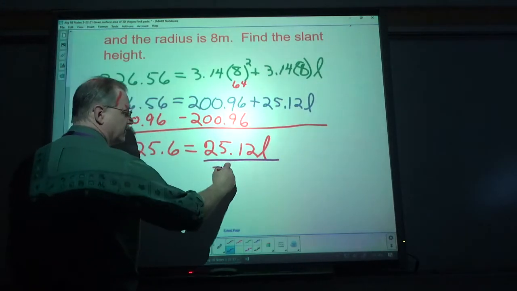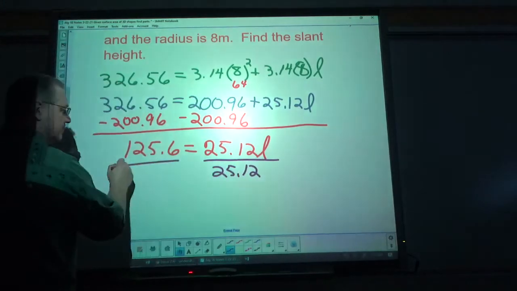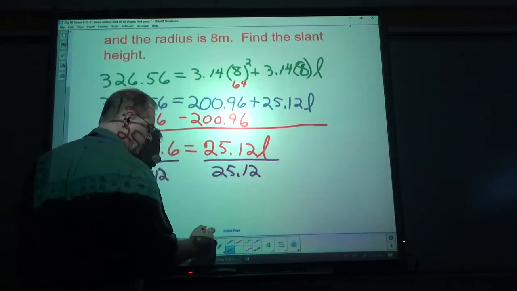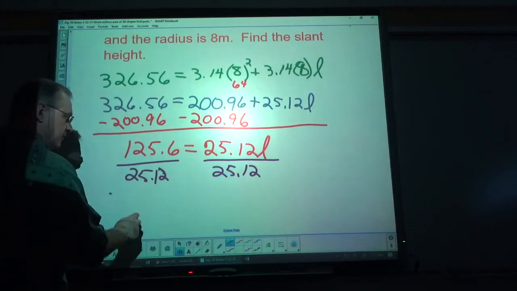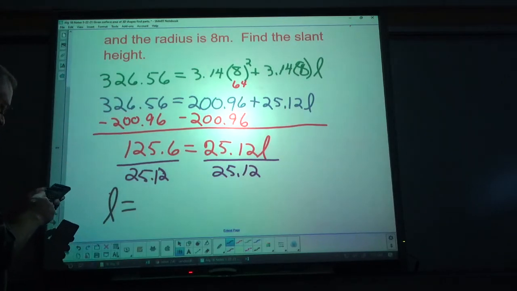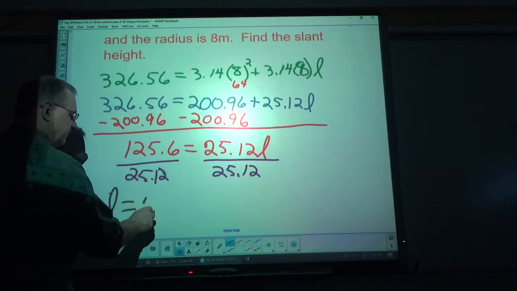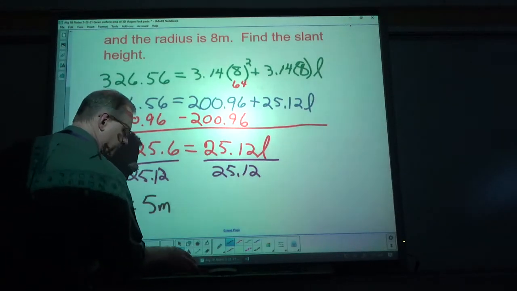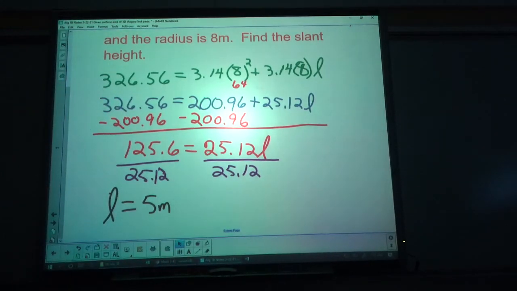Divide by 25.12. And my slant height is going to equal 5 meters. And there is our answer for the slant height given the radius.